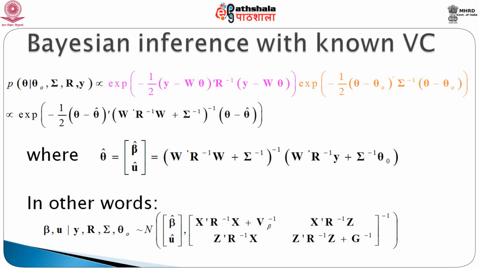Then with this known variance component, the Bayesian inference can be done this way. We look for theta given theta naught, sigma, R, y, the posterior density of theta now, the marginal posterior density of theta, because there is no b here.